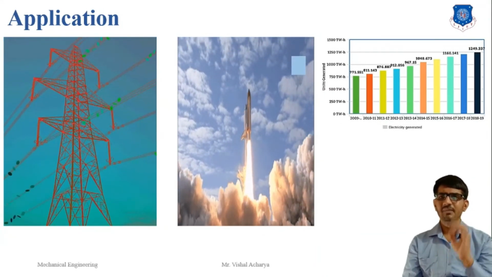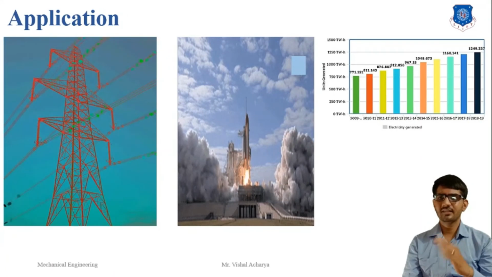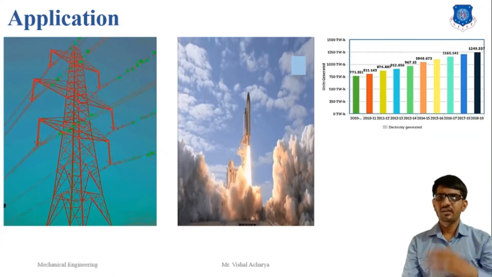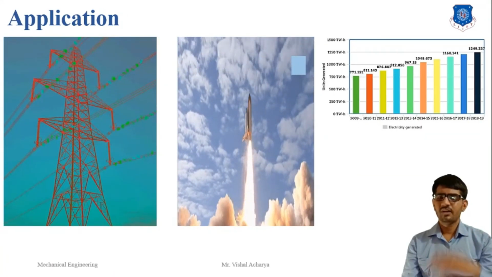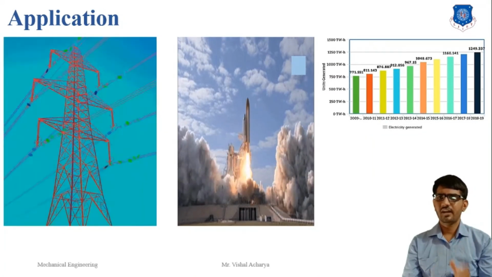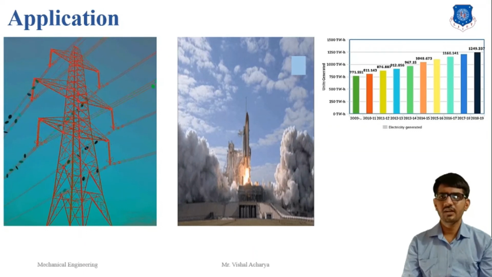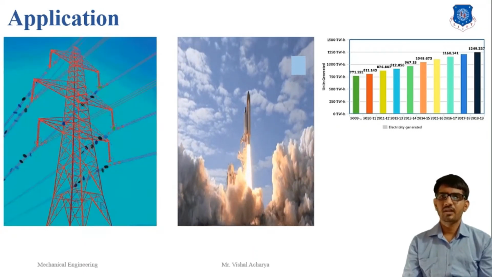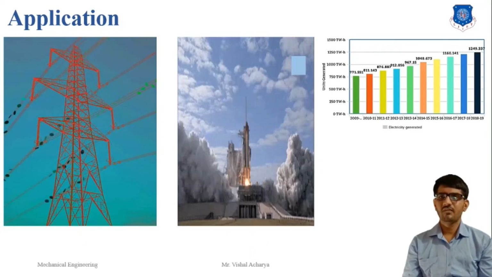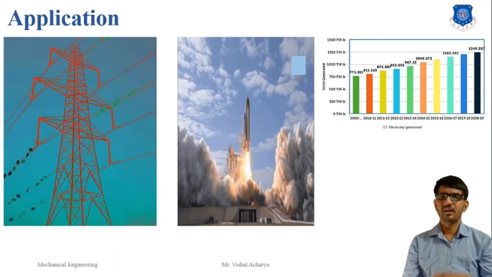Here the main application is the production of electricity, conveying it from one form to another form, and transferring the electricity. All countries nowadays require development. For development, we require automation and high facility.